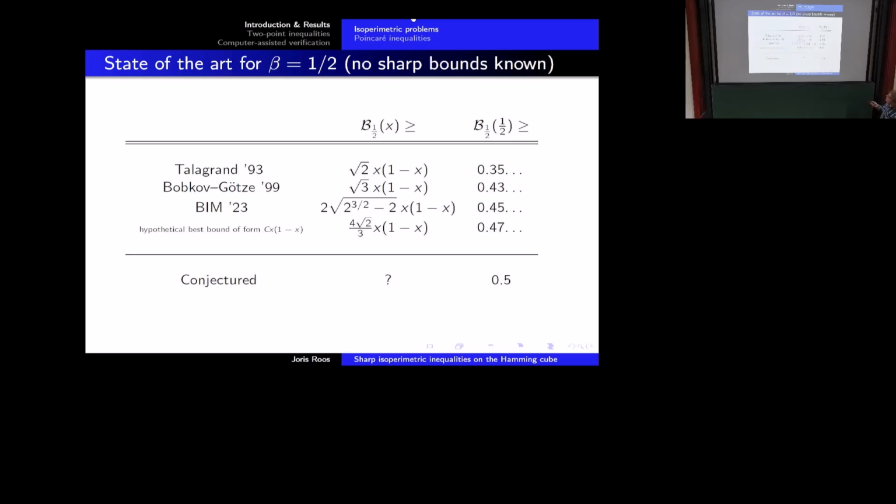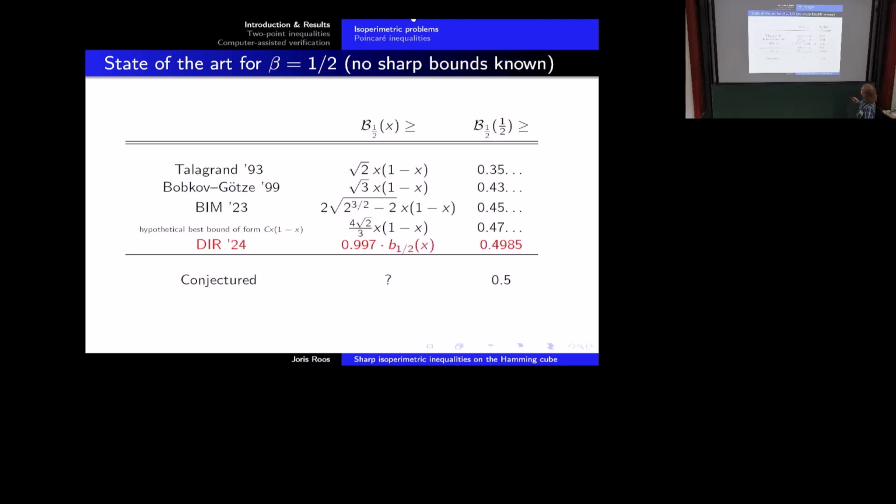There's actually a barrier to how good this can get on the half cube, because you can plug in the quarter cube, and if this constant is any bigger than 4 times square root 2 over 3, then you're going to violate the quarter cube example. So you can never achieve something better than 0.47.